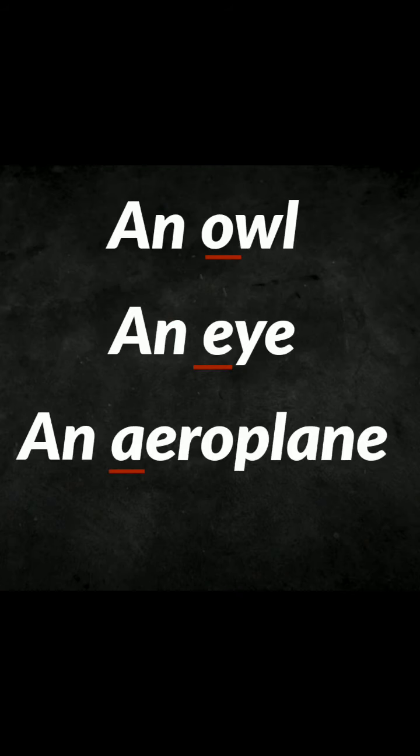The first letter of the noun is O, a vowel. So we are using the article an. The next example, eye, again which starts with a vowel E. So we are using the article an. And the third example, aeroplane. Again it starts with a vowel A. So we are using an.